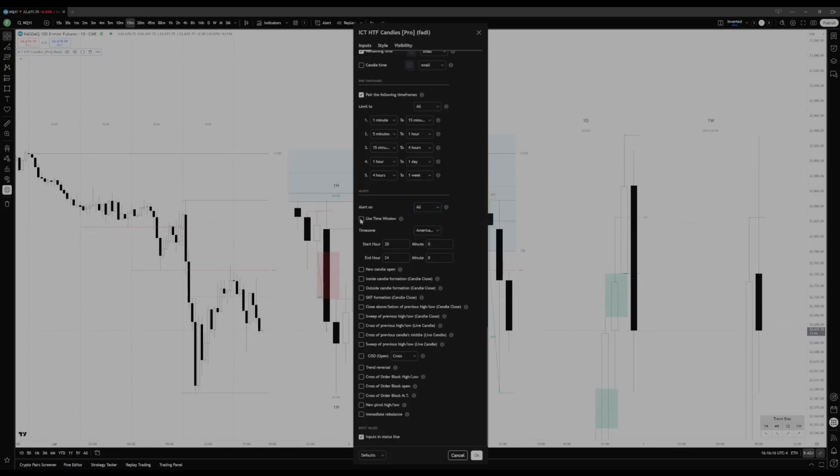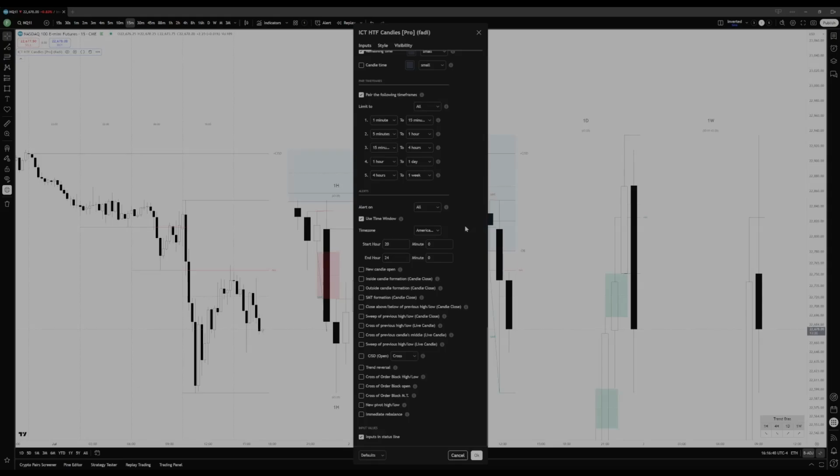The other setting is using a time window, and based on whatever time zone, I would match that with the time zone you set on your TradingView. But the purpose of this field is to make sure you only get alerts when you want to get them. So if you are an AM session trader, you can set it, for example, 7:30 till noon.